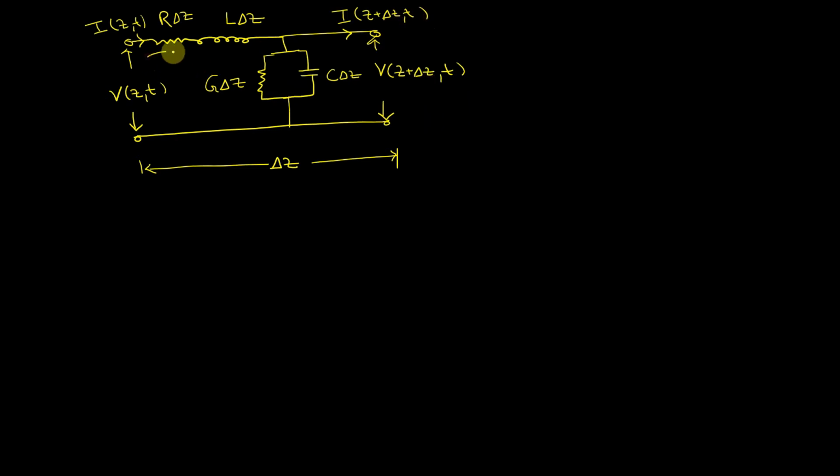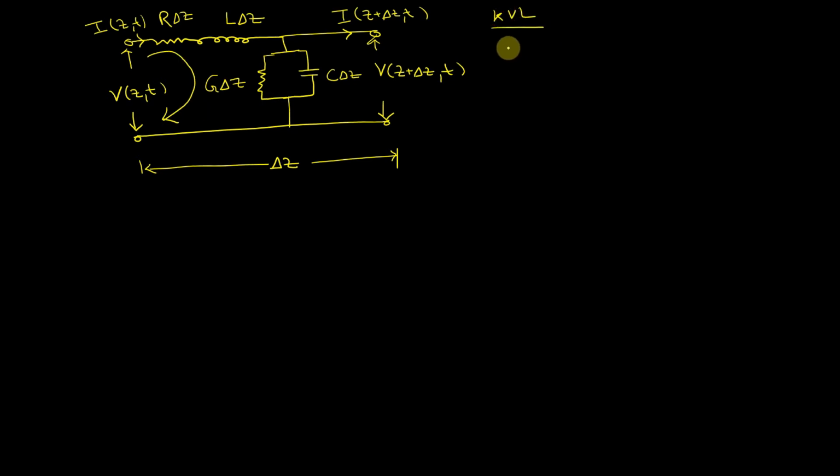Now in this loop, apply Kirchhoff's voltage law. Here the voltage is V(z,t), then there is the voltage across the resistance and across the inductance, and then the voltage V(z+delta z, t).